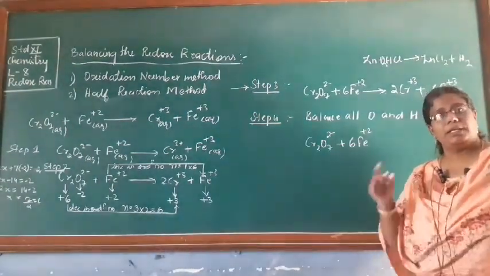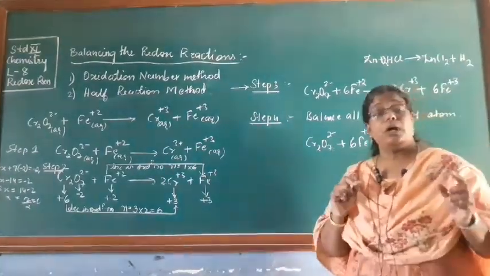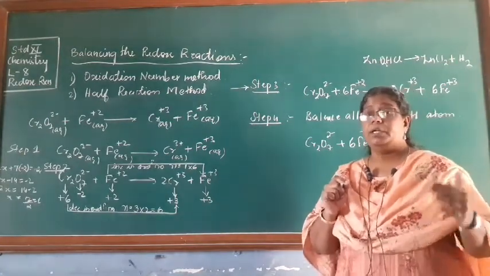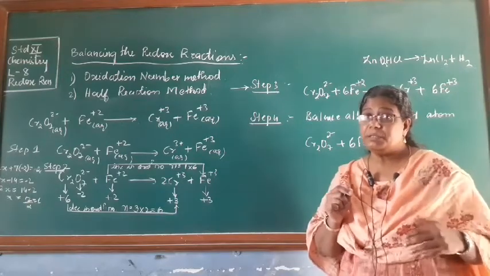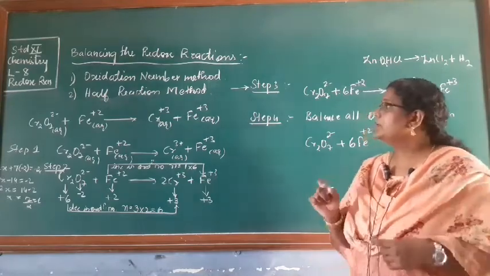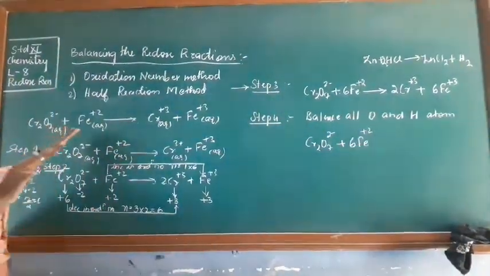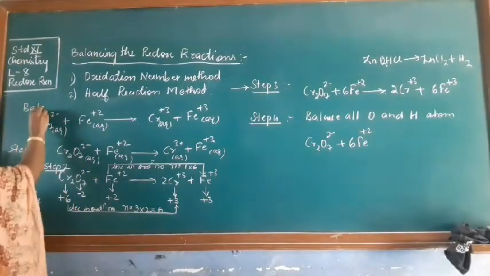We take H plus to balance hydrogen atoms only when you are asked to balance the redox reaction in acidic medium. If you are asked to balance the redox reaction in basic medium, then you will take OH minus. Remember it. So let me give this question as: balance the redox reaction in acidic medium.